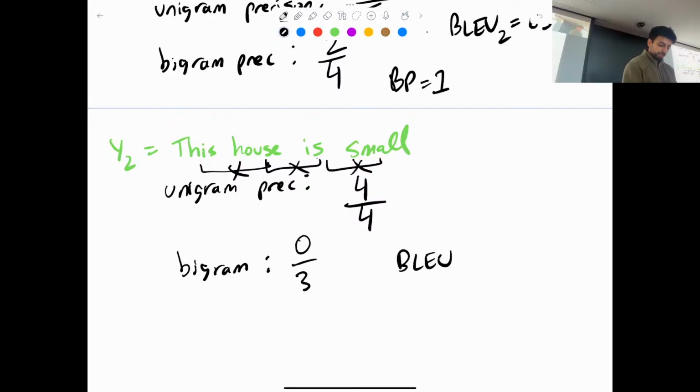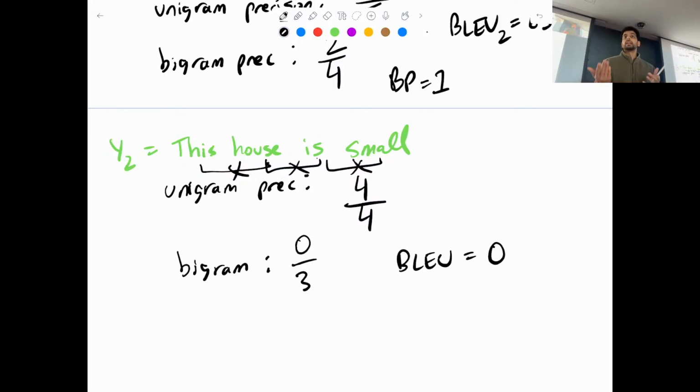My overall BLEU score is also 0, despite the fact that this is a decent translation, right? It has the same meaning as the reference, but because we have such a strict metric here, we get no credit for producing this reference. So you can see kind of the pros of this approach. It's very, very easy to compute the score, right? You just split the string into n-grams and do some matching, right?